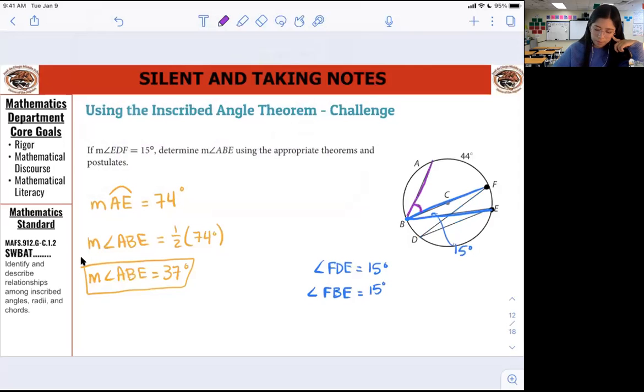A, B, E, F. How much is ABF? Not 44. 22.